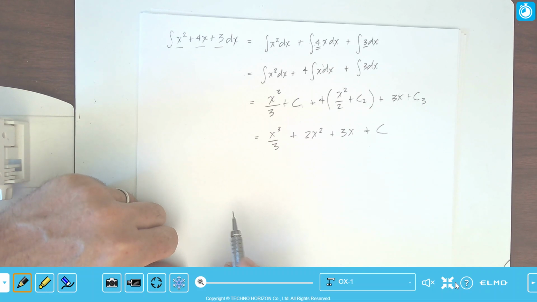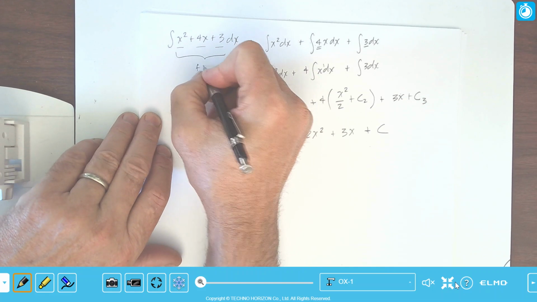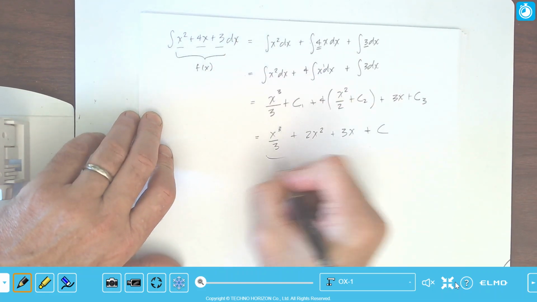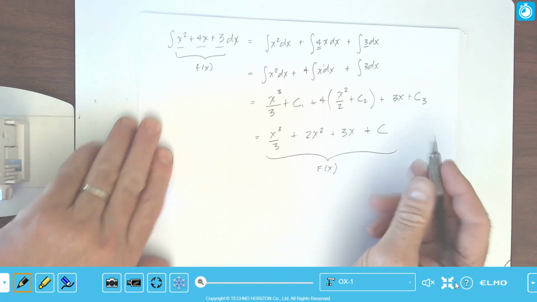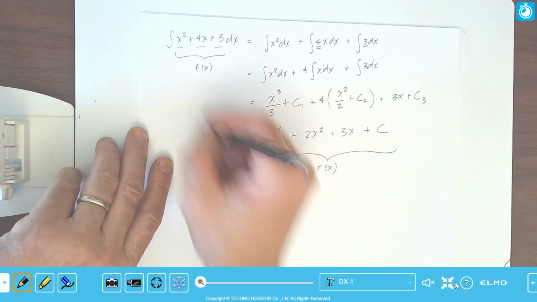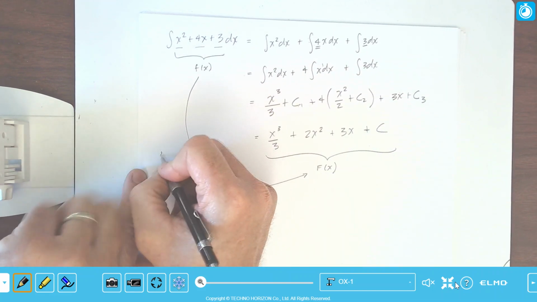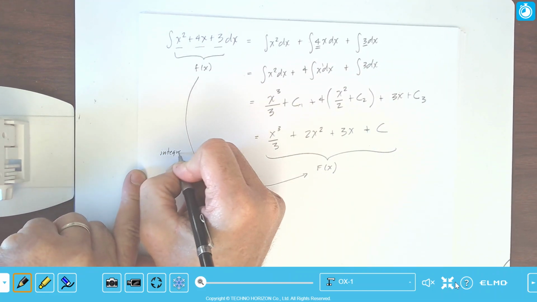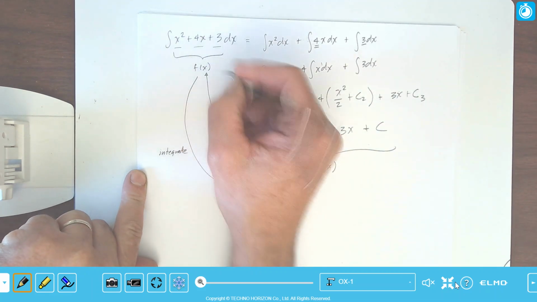Some things that you should notice. This guy we think of as little f of x, and this guy we think of as big F of x, right? And what we know is that these two are related: to get from here to here, it's integration, and to get from here to here, of course, it's differentiation.